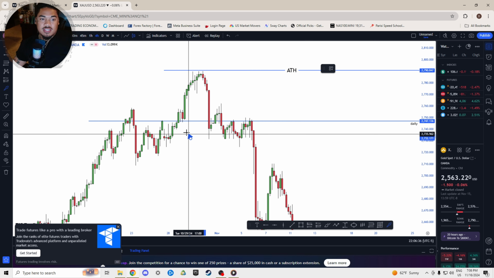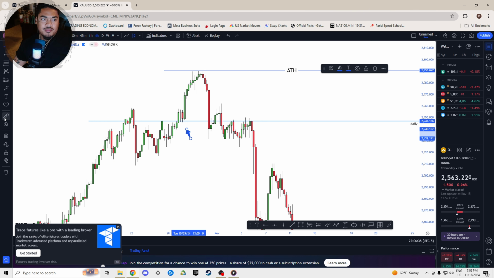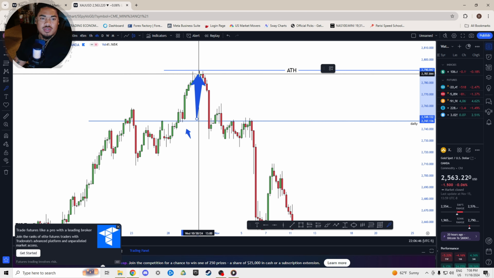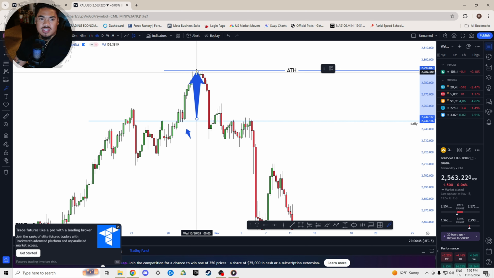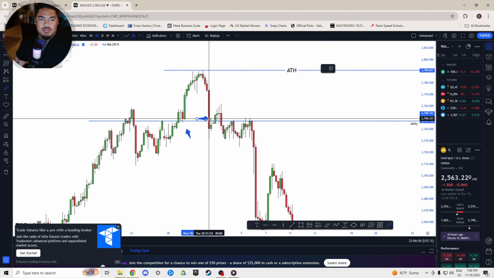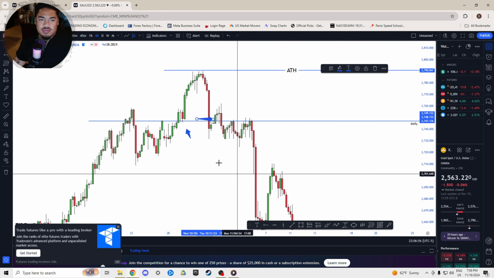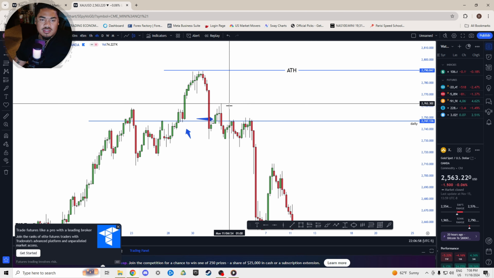The reason why I picked it, as you can see, you got support, and we get a huge reaction out of it. Came down, tested, boom, went up here to our all-time high, and then from our all-time high, price went down here, boom, created support. So that's another support area. And then from here, we get multiple touches.